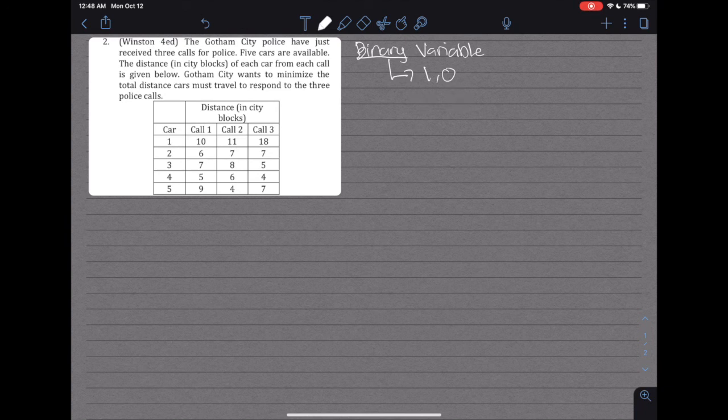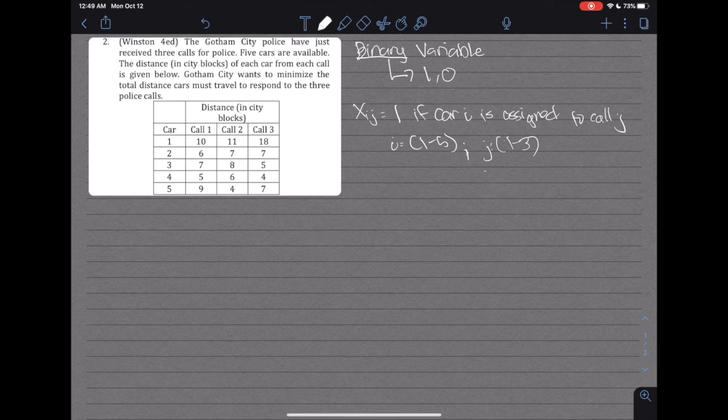So for this case, we will just say that the binary variable xij will be equal to 1 if car i is assigned to call j. i will be 1 to 5, denoting our cars, and j will be 1 to 3, denoting our calls.